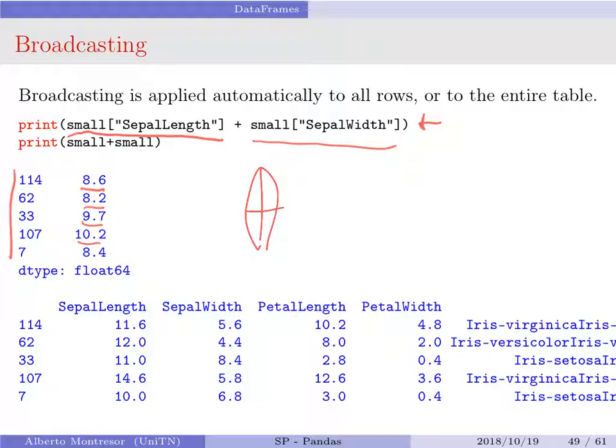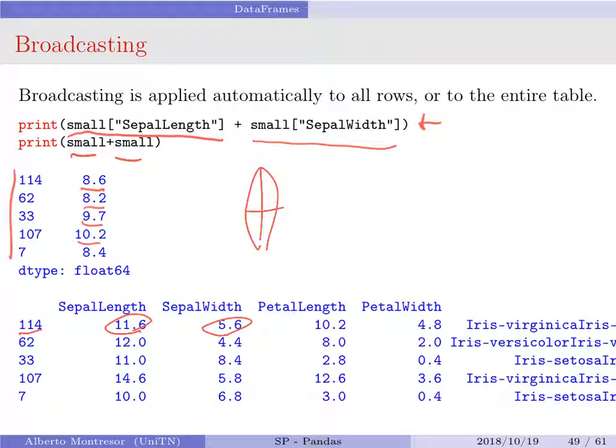If instead I'm crazy enough to sum together these two data frames, which are the same, I get a data frame in which I've summed together, for row 114, which is the index, the sepal length, the sepal width, and so on.